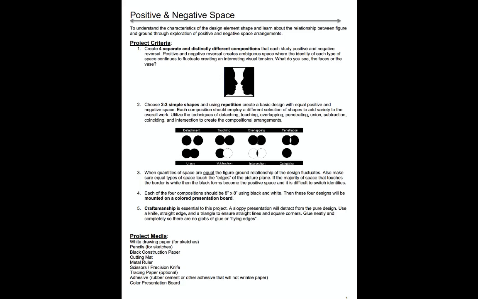Now, if you have 2 black circles, one on each side, you may or may not know what's positive and negative because you're going to see 2 half circles, and then you're also going to see an hourglass shape, and that'll create the positive and negative reversal. So think about how much is touching the edges of the picture plane.